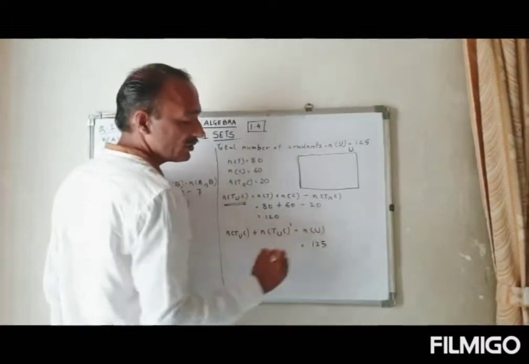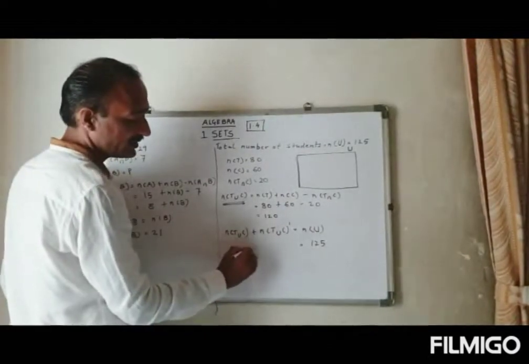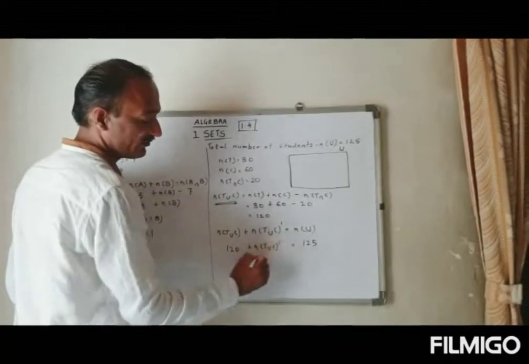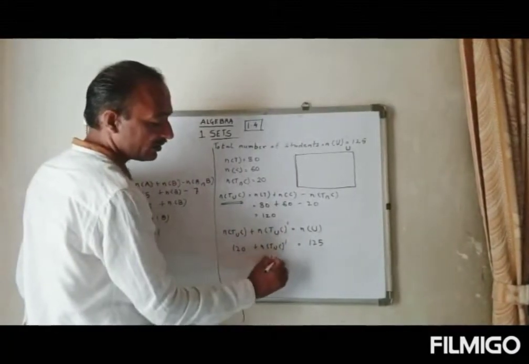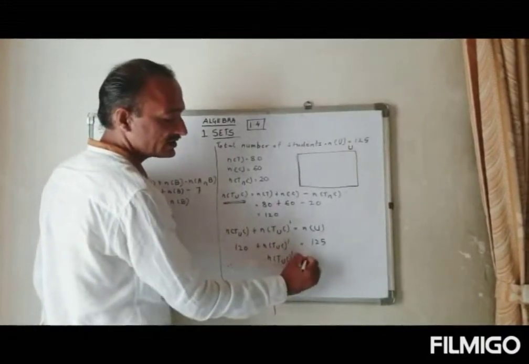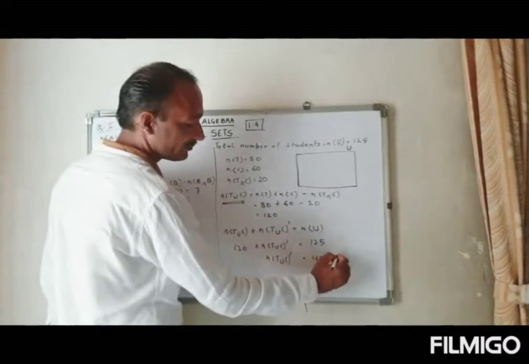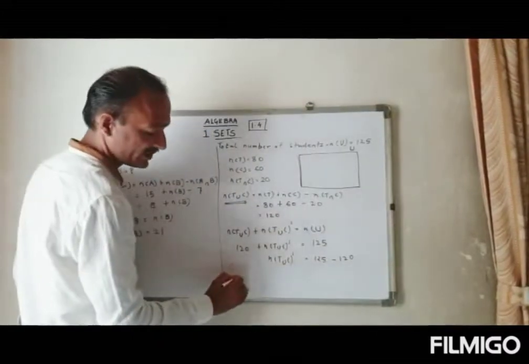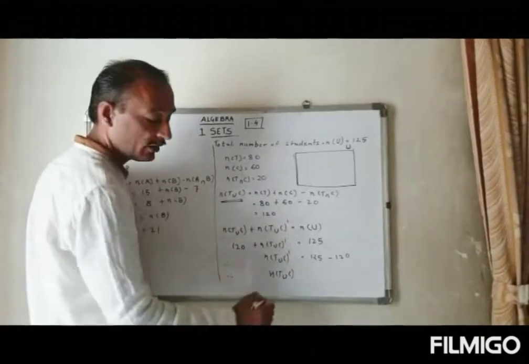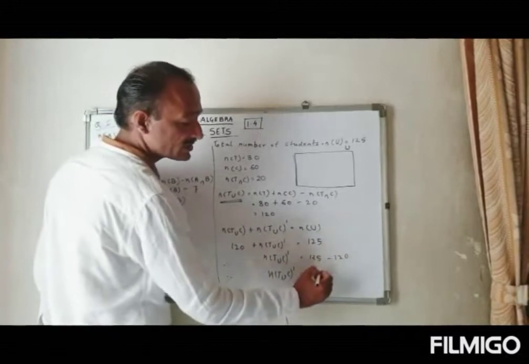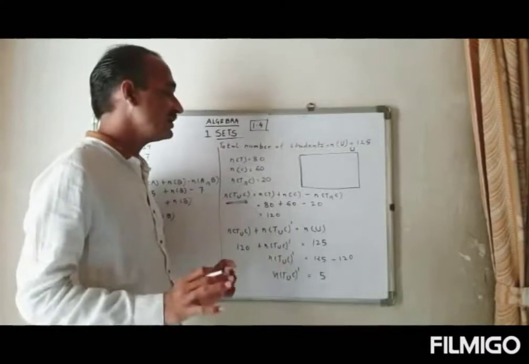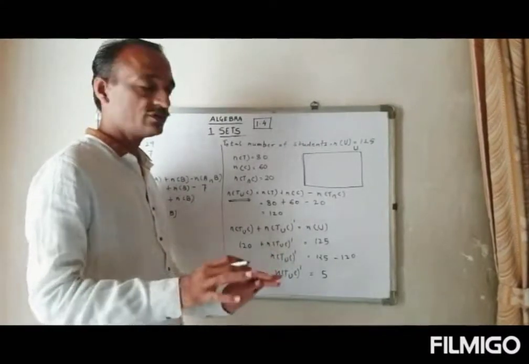Just substitute the values: 125, these are 120 students, plus number of students who do not drink tea or coffee. Therefore number of (T union C) complement is equal to 125 minus 120, so 5 students who do not drink tea or coffee, neither tea nor coffee.